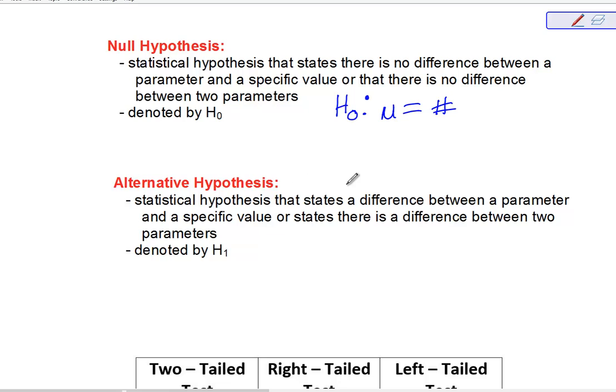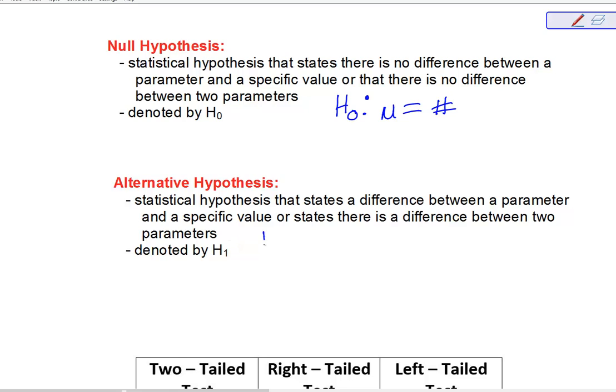The alternative hypothesis basically states that there is a difference. Some type of difference. It could be a less than, it could be a greater than, or it could be just that there's a difference, not equal to. We denote this with an H1, meaning that it's not the null hypothesis.